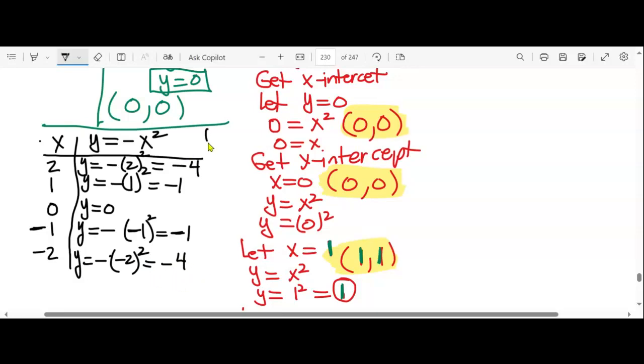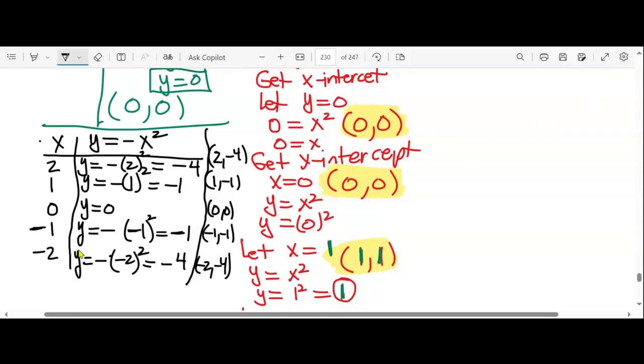So those are your points, okay? We're going to take this point, which is first 0, 0. Here 1, -1. 2 and -4. This one -1, -1. -2, -4. We'll take these points and we graph them.